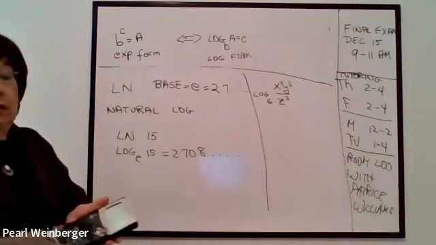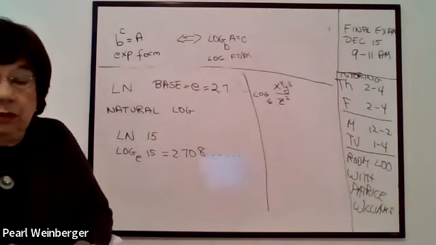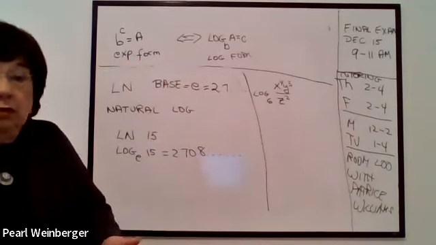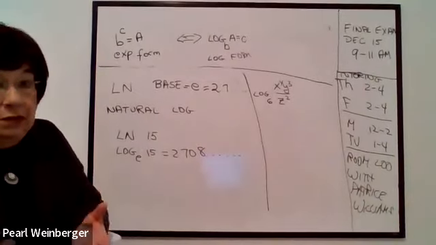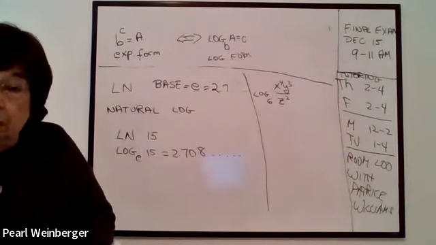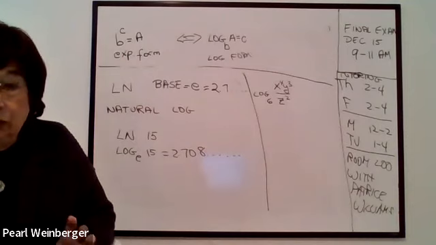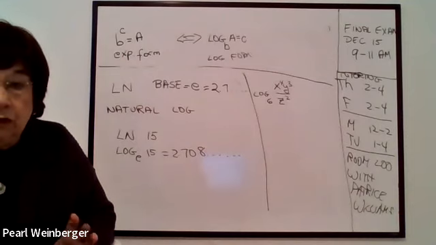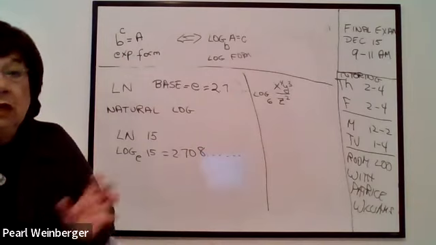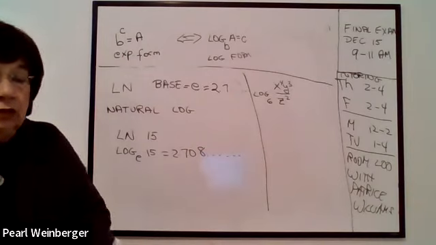You can just figure it out using your calculator. So that's why it's on your calculator. It's called the natural log because it comes up in certain formulas that are very important in real life situations.